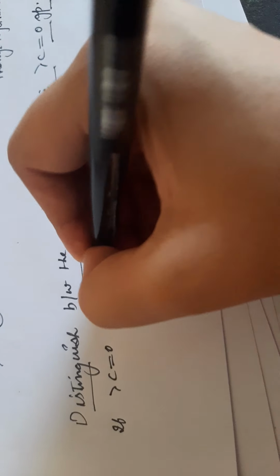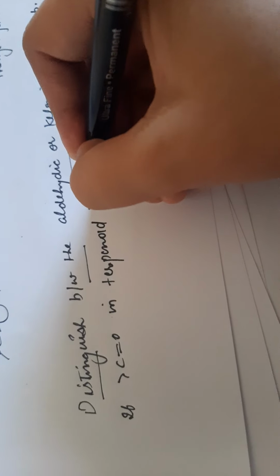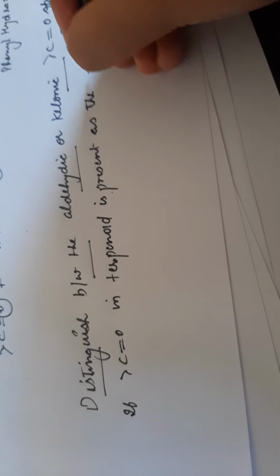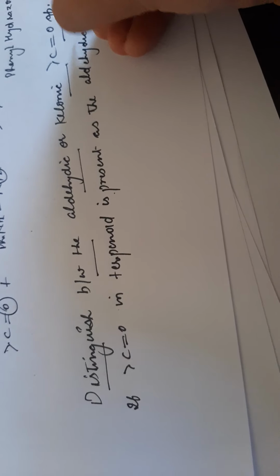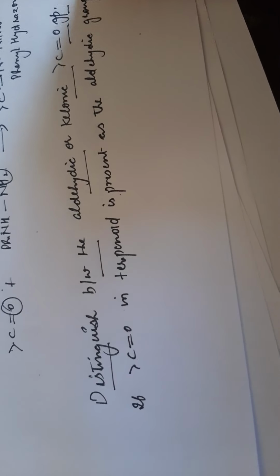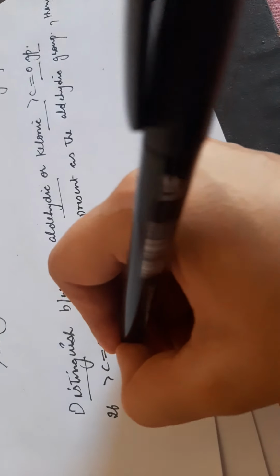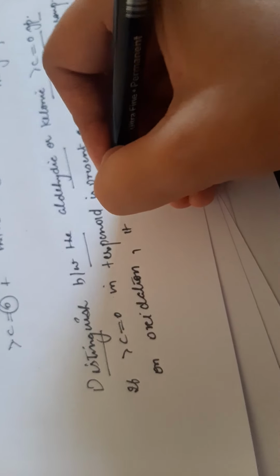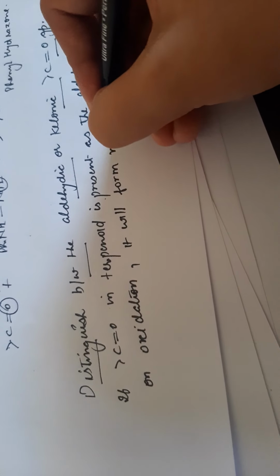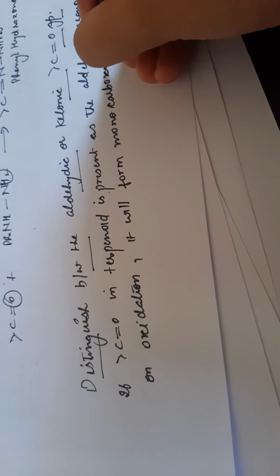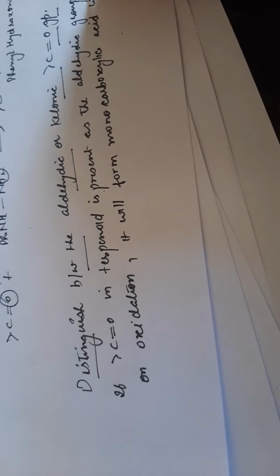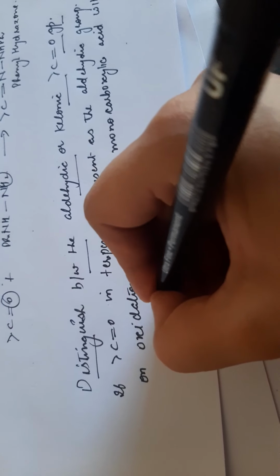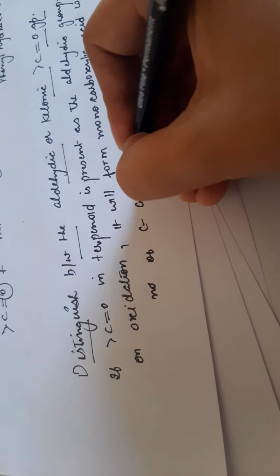That is, suppose the carbonyl in the terpenoid is present as the aldehydic group, then on oxidation it will form monocarboxylic acid with the same number of carbon atoms.